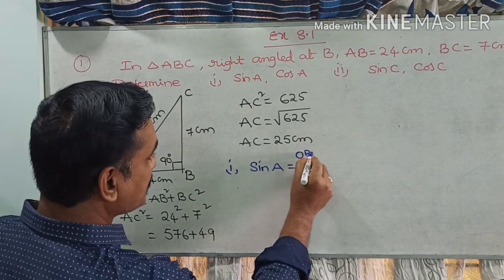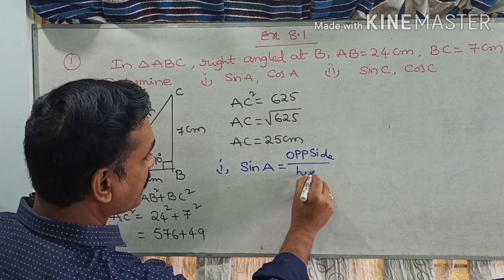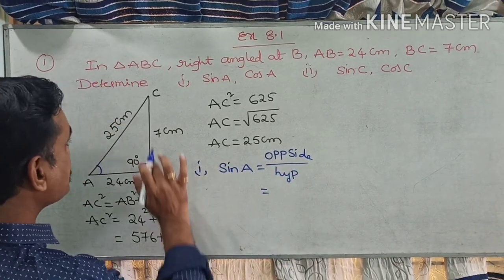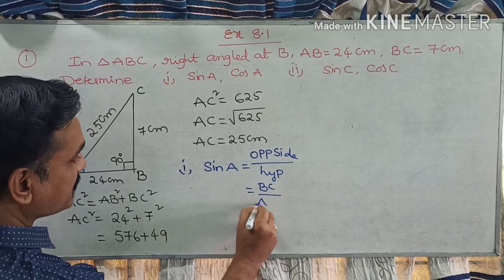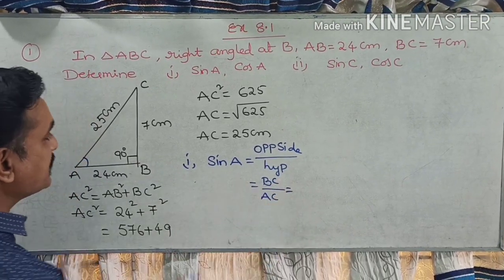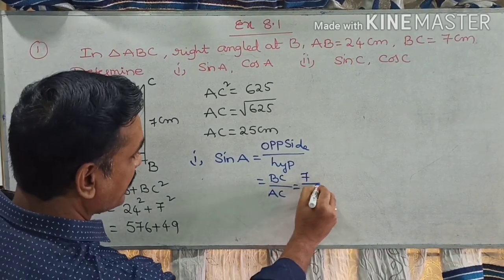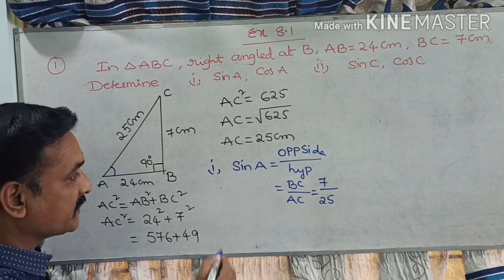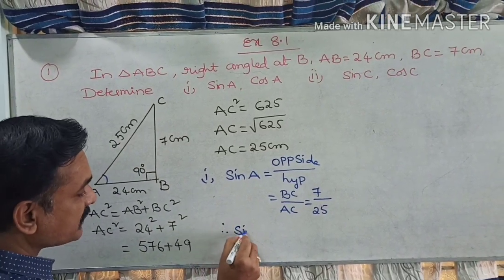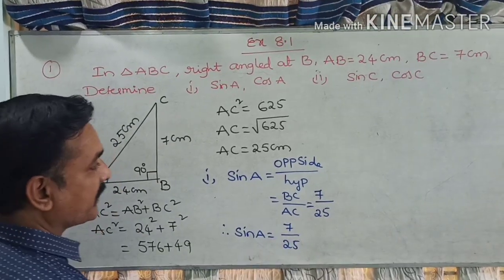A is located here, so the opposite side is BC and the hypotenuse is AC. BC equals 7 centimeters and AC equals 25 centimeters. Therefore, sin A equals 7 by 25.